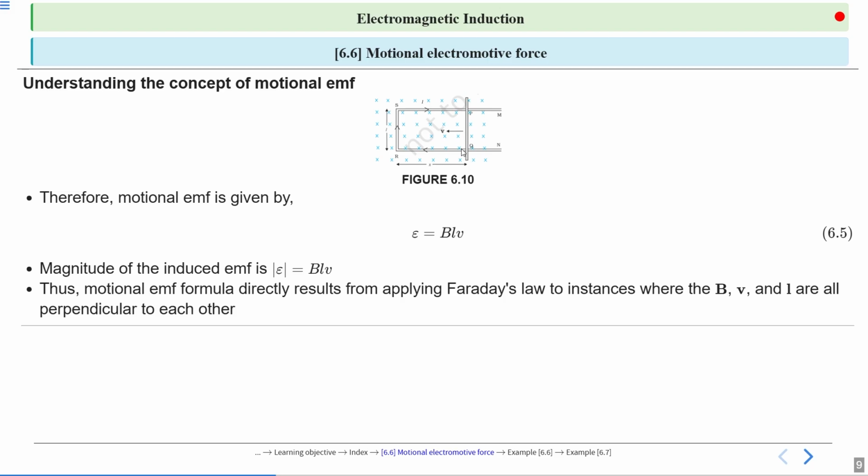So this length is perpendicular to velocity, and the magnetic field is perpendicular to both velocity and this length. So Faraday's law is directly applicable here. This is a special case when all three quantities B, V and L are perpendicular to each other. Then induced EMF will be epsilon equal to B L V.